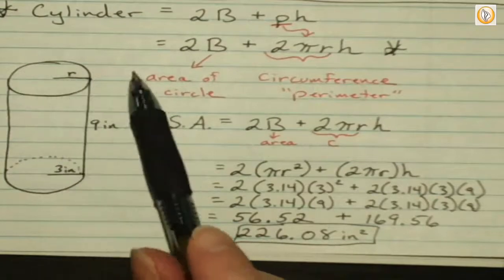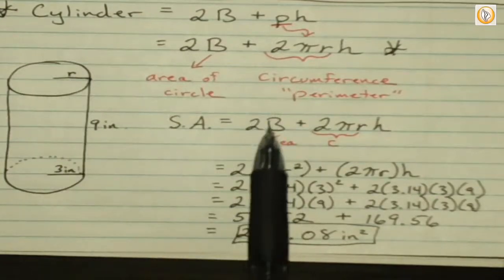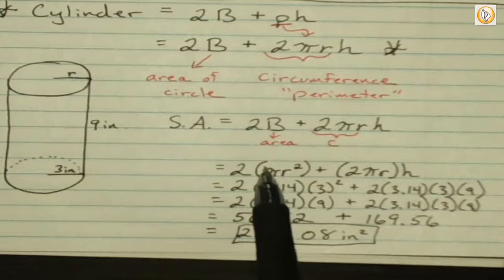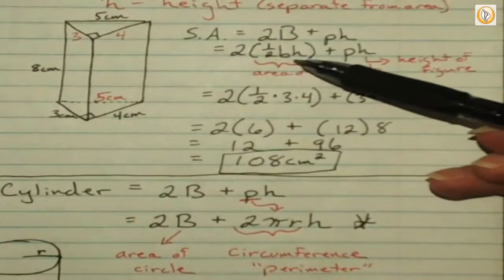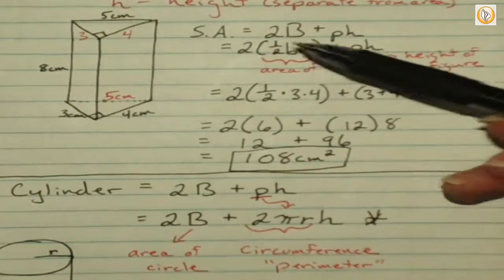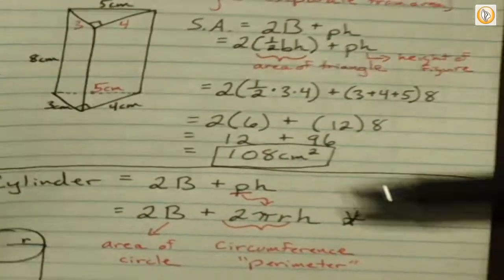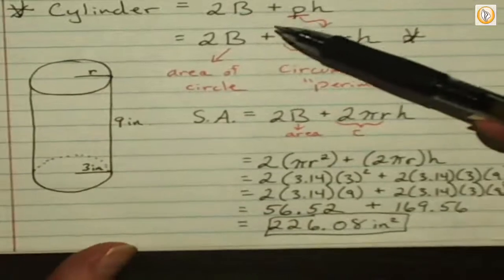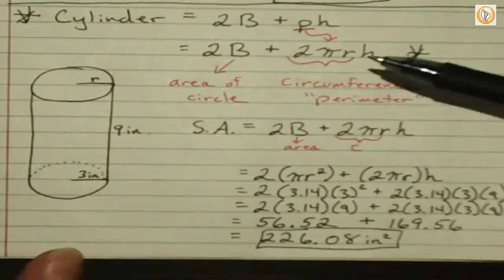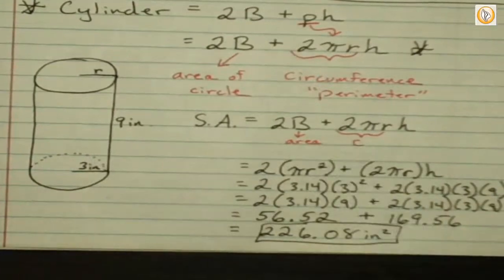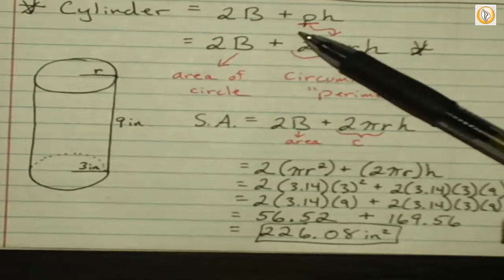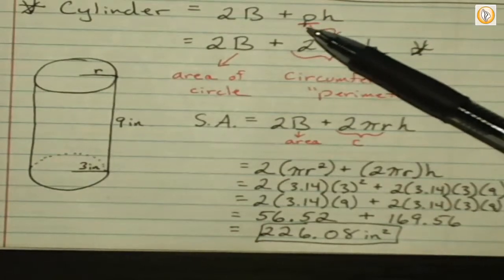If it's a circle, then it's the area of a circle, which is pi r squared. If it's a triangle, then we turn the big B into half times B times H. So do you see how that takes a lot of remembering? What does the big B stand for? And then you got to remember the formula for each base that you're dealing with. That can be challenging. And then each one of the formulas has its P times H.